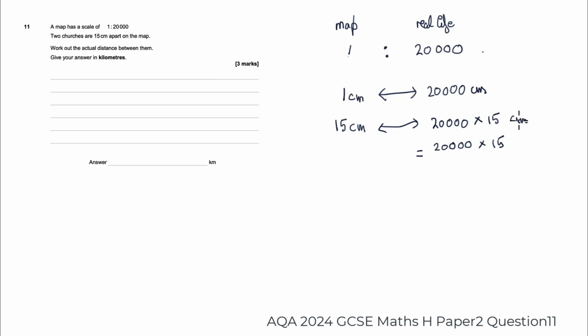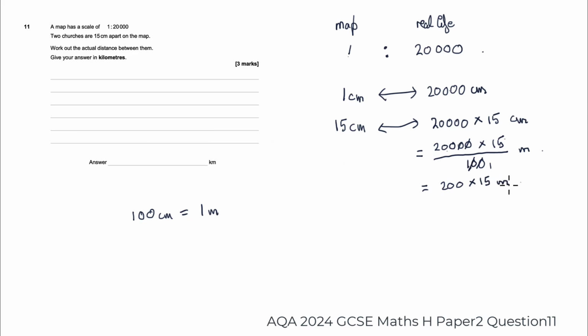And we know that 100 centimetres make up 1 metre. So we have to work out how many hundreds there are in this number, and that would give us metres. Well, we can do cancelling. 100 into 100 goes 1, and 100 into this, we just chop a couple of zeros off, and we're left with 200 times 15. That's the number of metres.